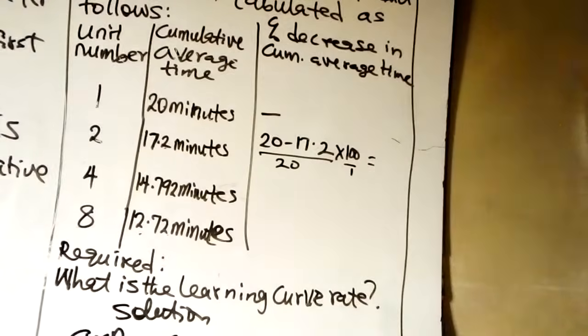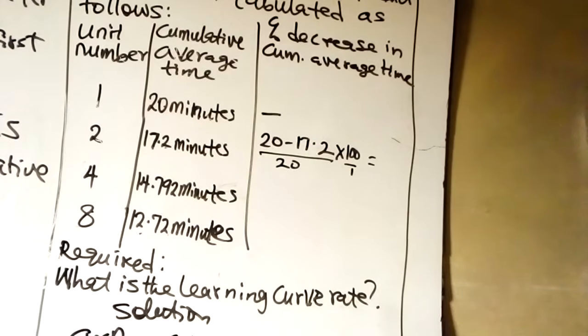So 20 minus 17.2 gives us 2.8. If you now divide 2.8 by 20, then you have 0.14.